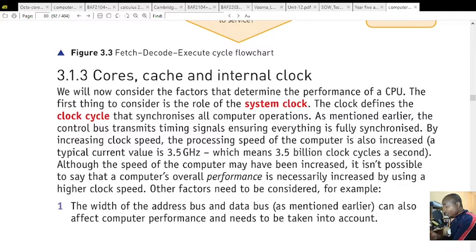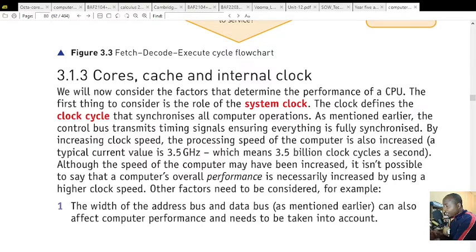For instance, if you have a processor that is 3.5 gigahertz, this translates to 3.5 billion clock cycles per second. Now, this is a very good performance. It is actually a performance that is considered good in the computer.